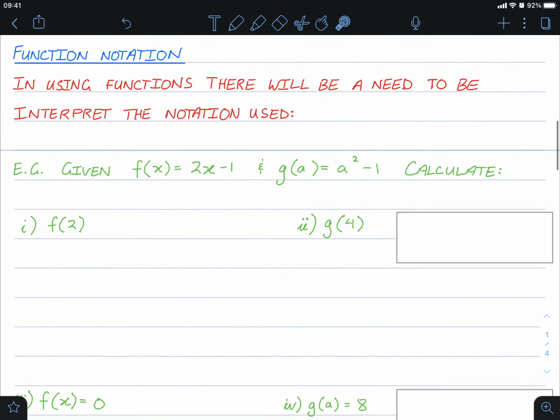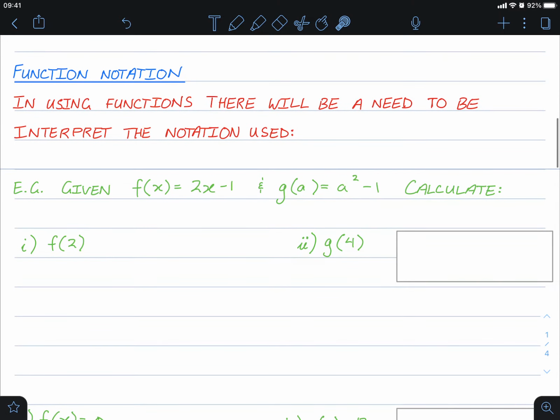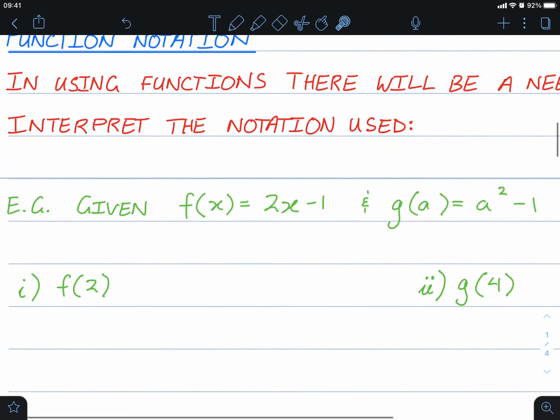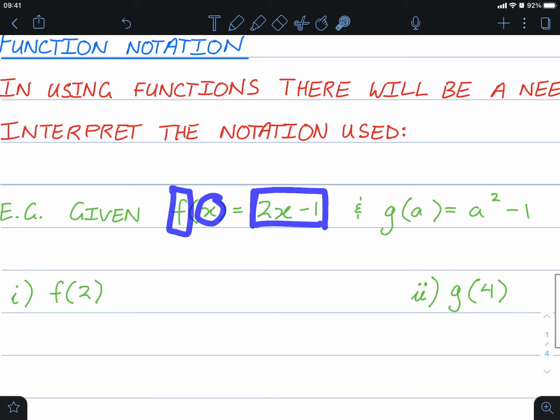So let's get a bit more into function notation. In using functions, there will be a need to interpret the notation used. The notation we use for functions is f of some variable equaling the function itself.